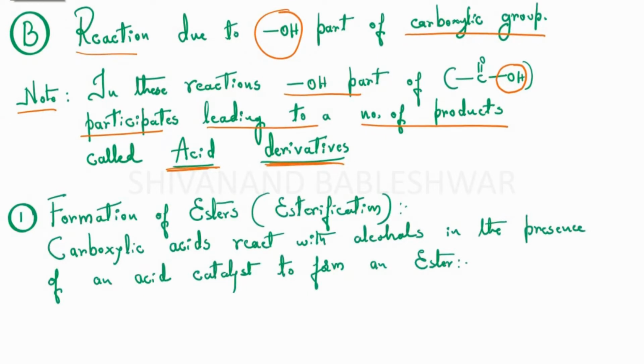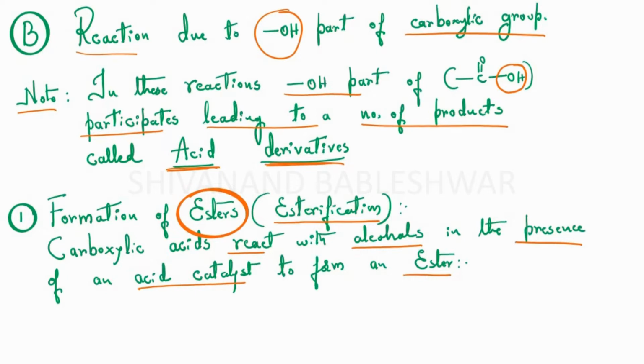So here we are having the first reaction, and that first reaction is nothing but a formation of esters, which is called as esterification, right? Carboxylic acids are going to react with alcohols in the presence of an acid catalyst to form an ester, and the reaction is called as esterification.